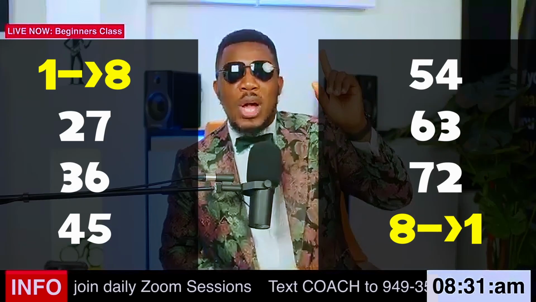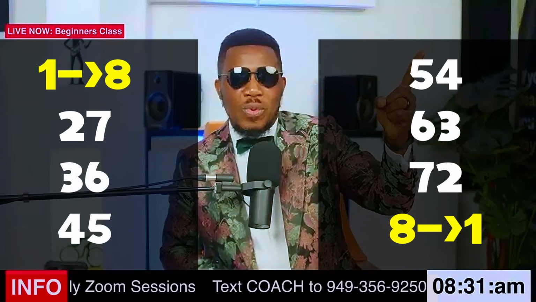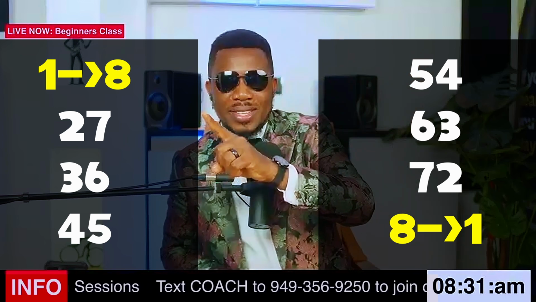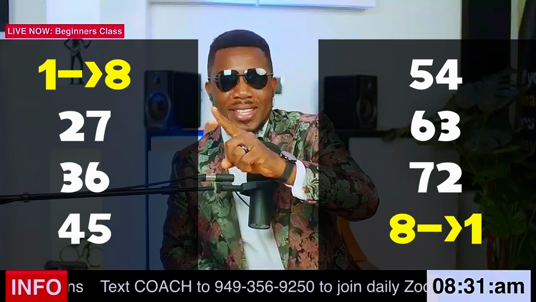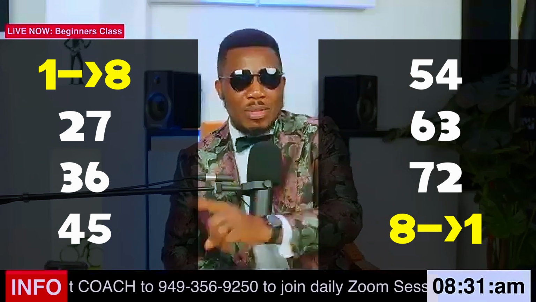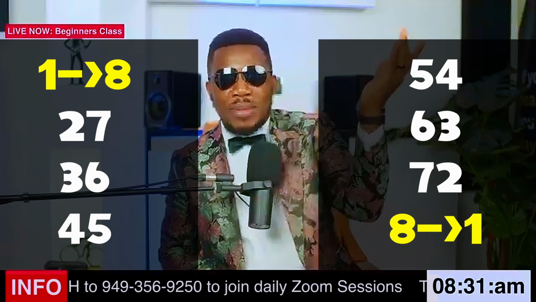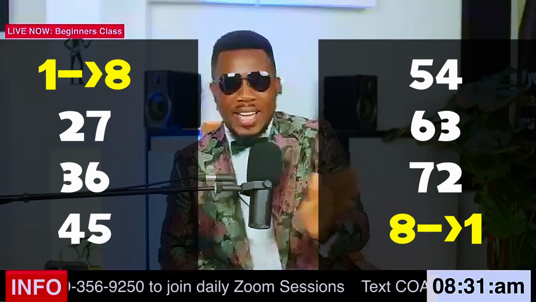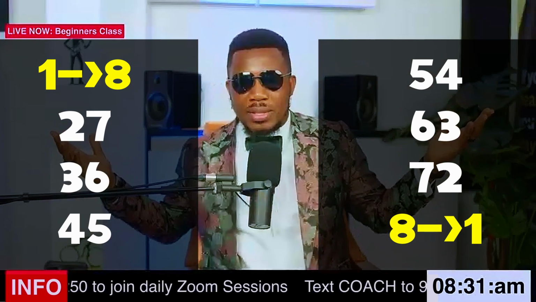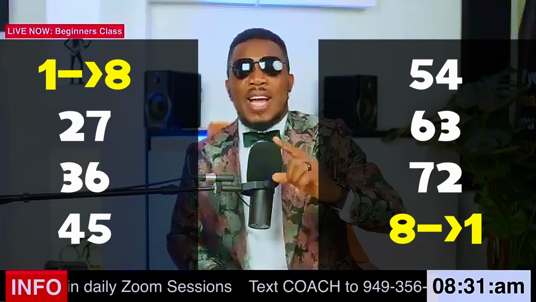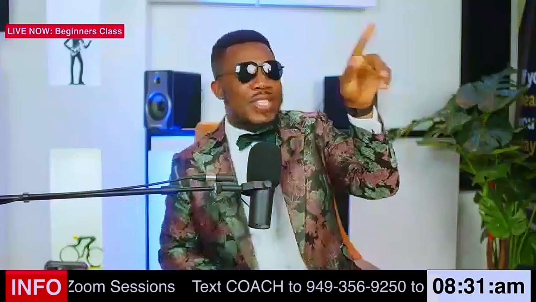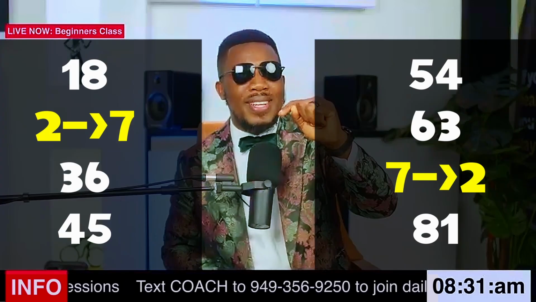Now here's the magic. In inversion of intervals, first becomes 8, and 8 becomes first. How many folks can see that from the 18 and 81? Brilliant. Now, who can tell me what the inversion of a second would produce?